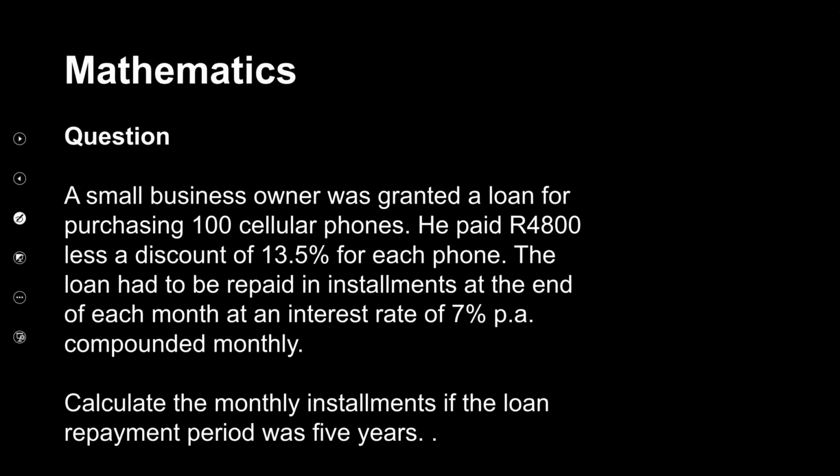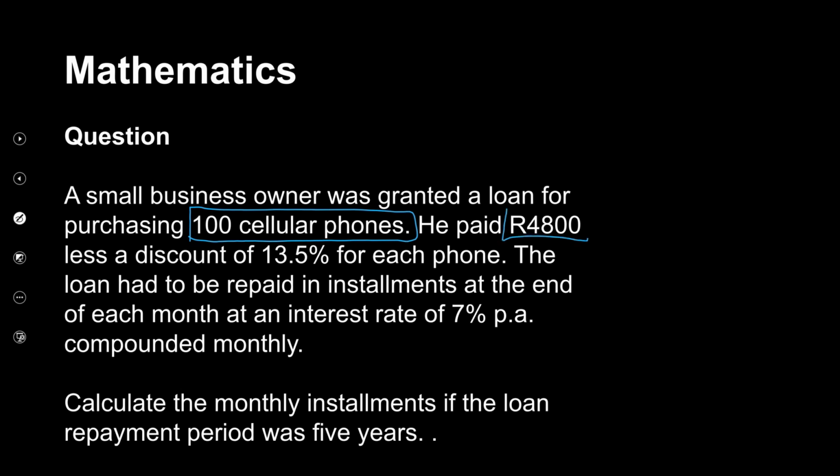Now, another kind of calculation that you will need to be talking about is, they say a small business owner was granted a loan for purchasing 100 cellular phones. So firstly, we need to understand, now we don't know what the total cost was, but we know that it was for 100 cellular phones.